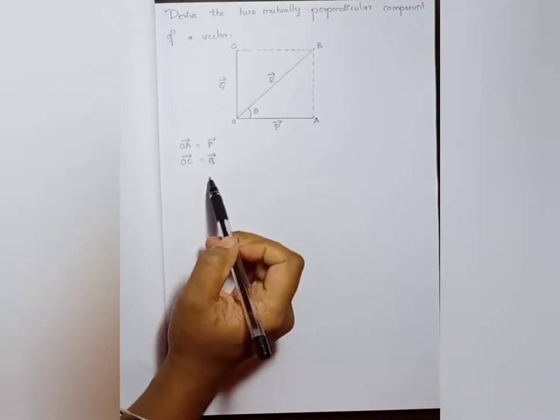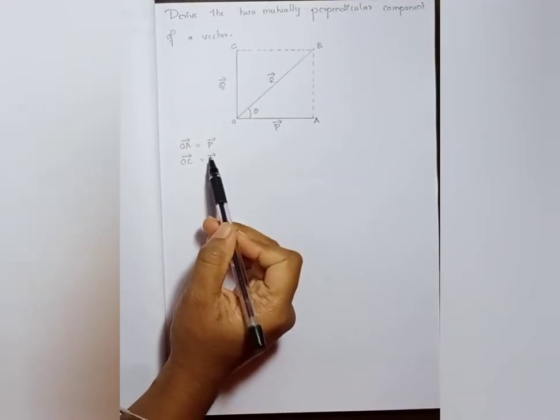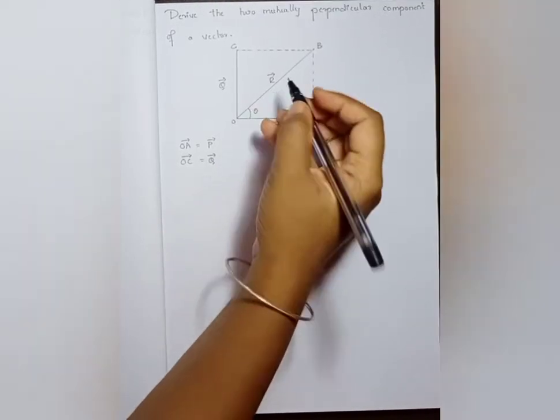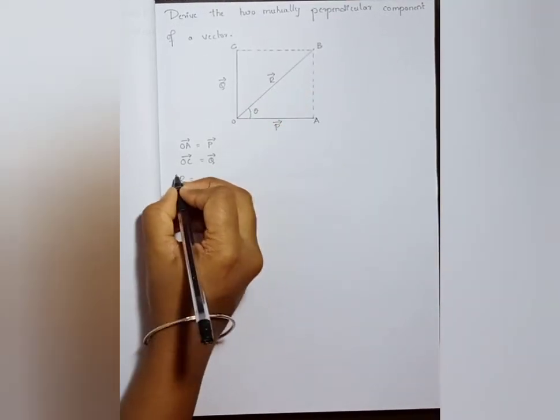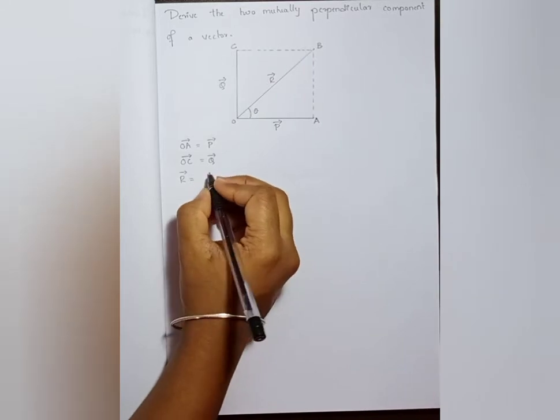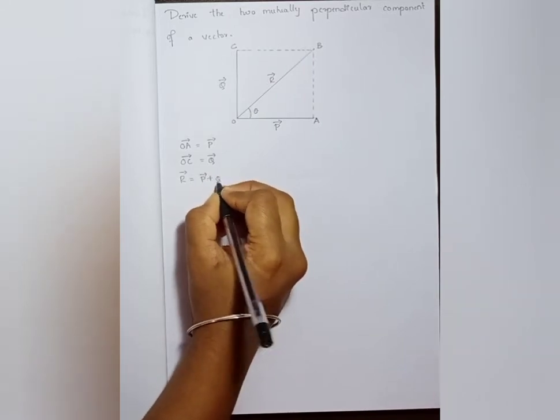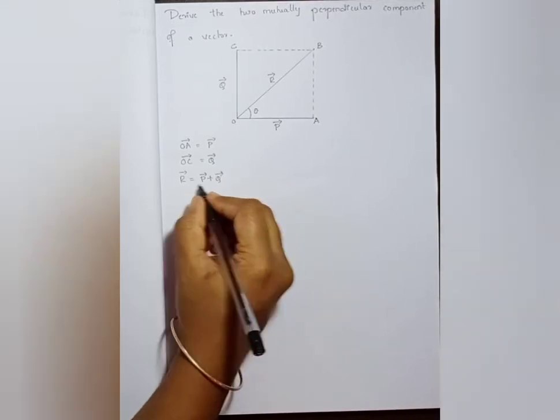These are the mutually perpendicular components, such that by vector addition R is equal to vector P plus Q.